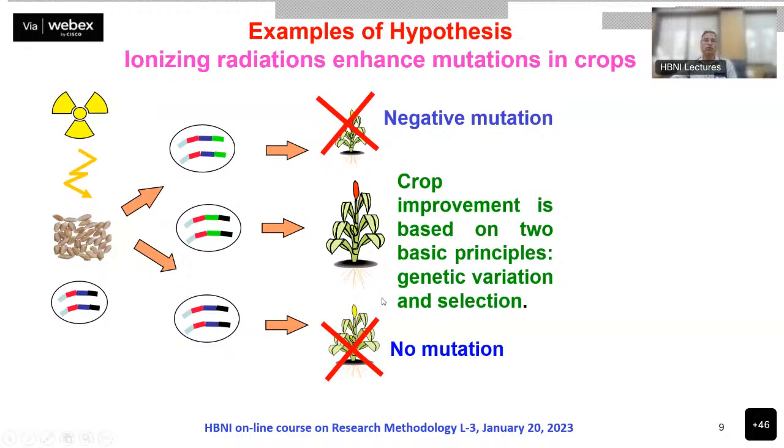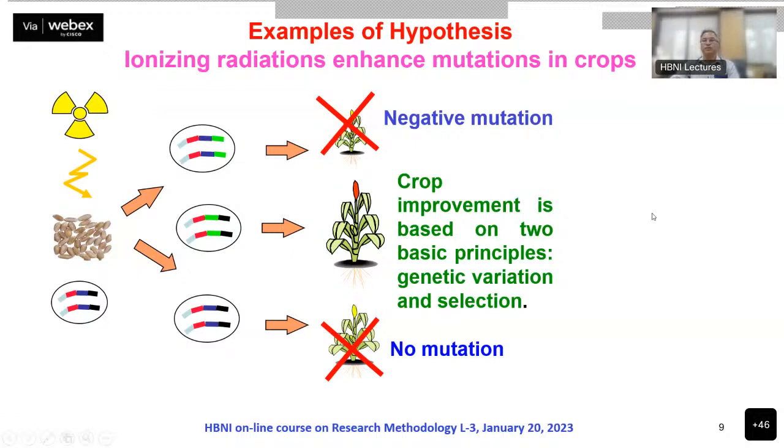And then you select the ones which have improved traits. What are the traits? Early maturity, higher yield, resistance to diseases, even the plant height. You may like to have a dwarf variety of the plant. So you select, then multiply 5-6 times before the genetic changes get stabilized.